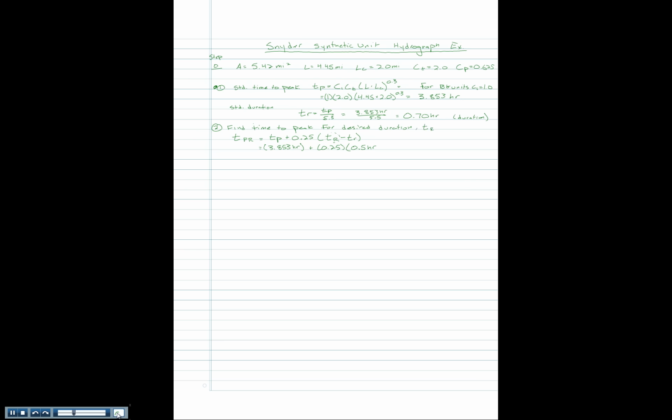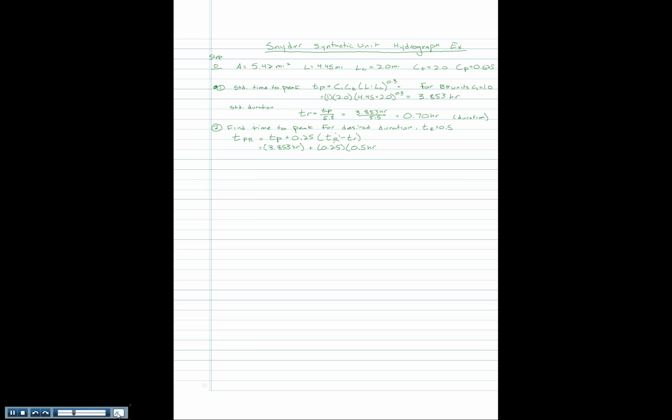Desired duration T capital R equals 0.5 hours, since we want to say that for a storm that's 30 minutes long, minus 0.70 hours is the standard duration. So that is 3.803 hours is the T sub PR.